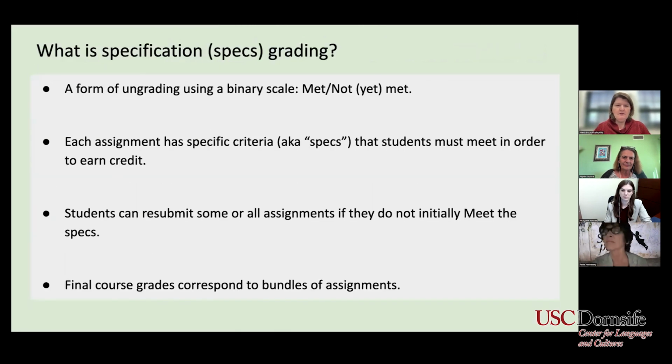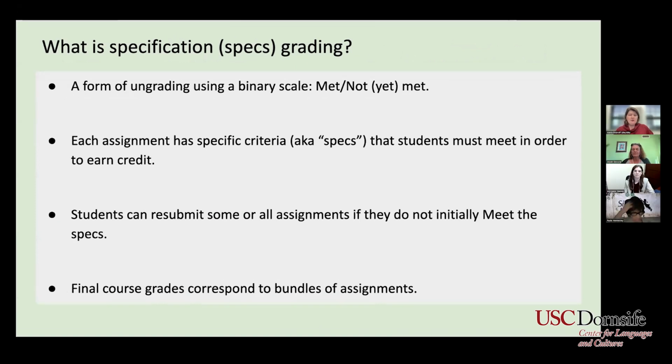Okay, so what is specification grading? So the four basic principles behind it are, it's a type of ungrading and it uses a binary scale. Some people use the terms pass, fail. I don't like those terms because that carries a lot of weight with our students. So I use met and not yet met. Each assignment that I give students has some kind of criteria to it, or the specs.